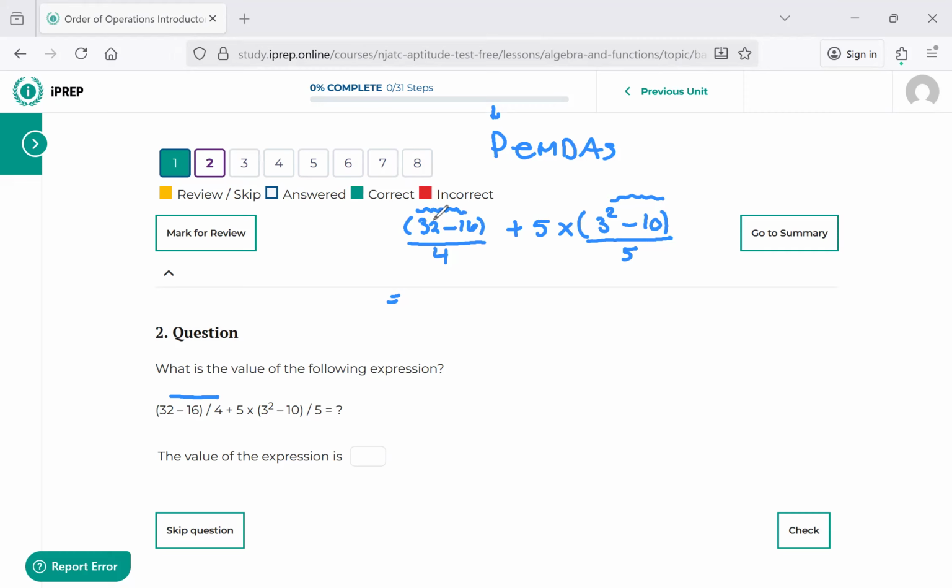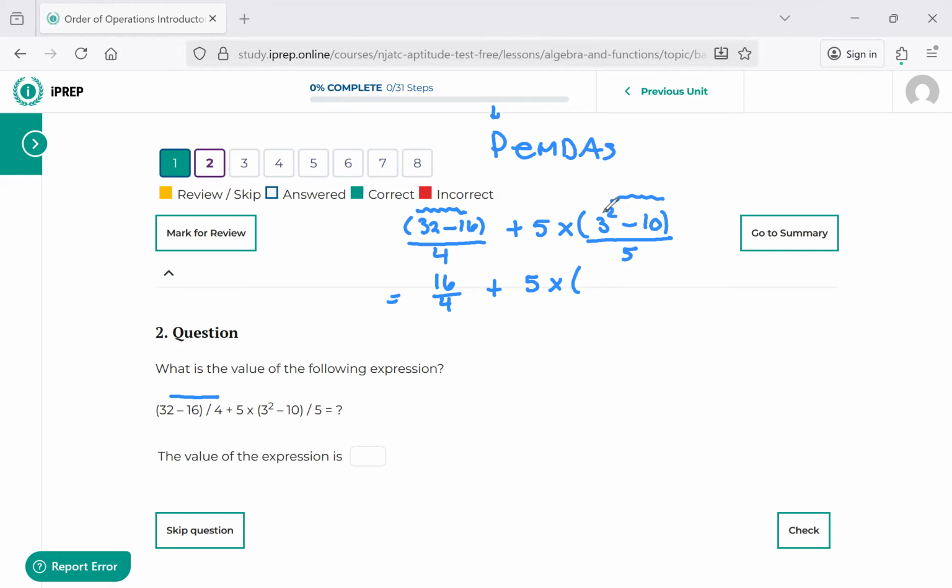So this is why you have to do PEMDAS twice, if that makes sense. So let's do this parentheses. What's 32 minus 16? 16. And then divided by 4 plus, but do not divide it by 4 yet, plus 5 times, because I haven't done this yet. And then what do we do here? So 3 squared minus 10. So we have to do PEMDAS twice. So inside this parentheses, do we have an exponent? Yes.